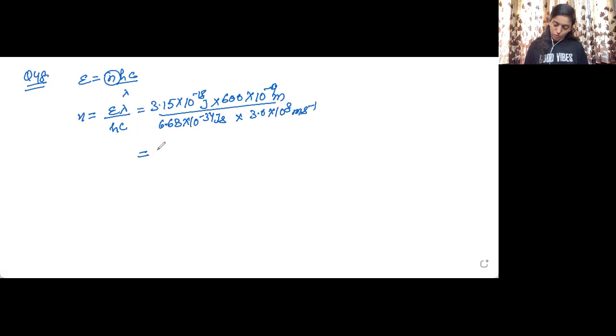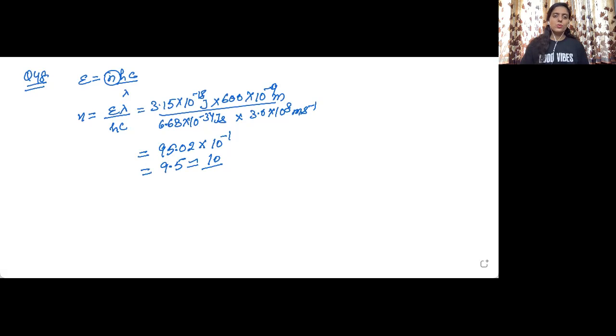So it is coming out to be equal to 95.02 into 10 raised to the power, so it will be minus 18 minus 9, minus 8 plus 34. Okay, so it is coming out to be equal to 10 raised to the power minus 1. So it will be 9.5, or we can say approximately equal to 10. So 10 photons will be received by the detector.